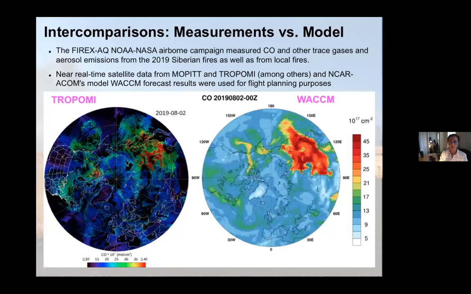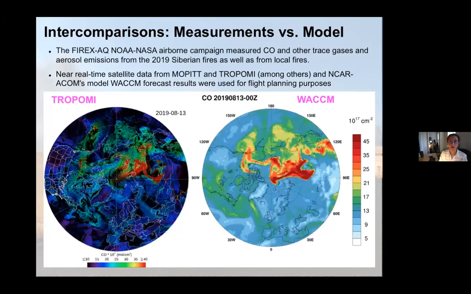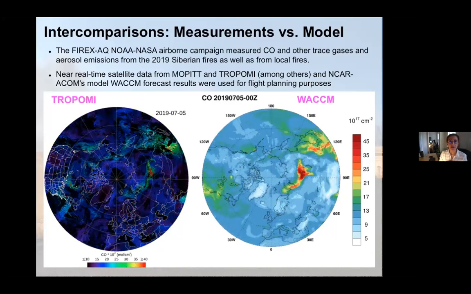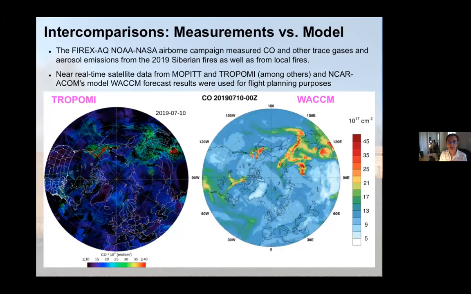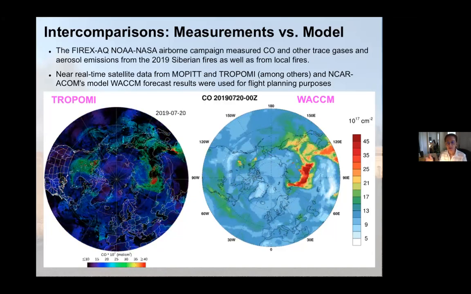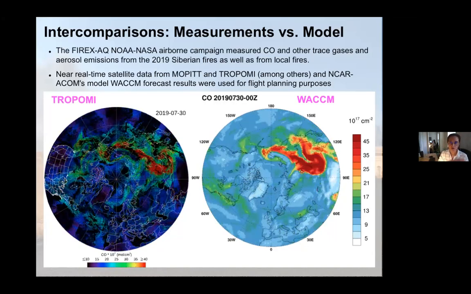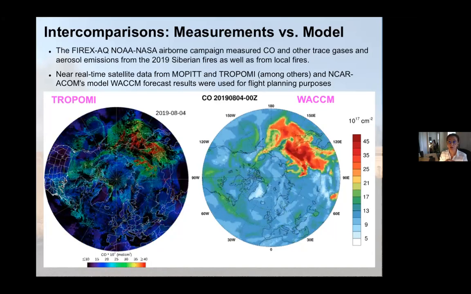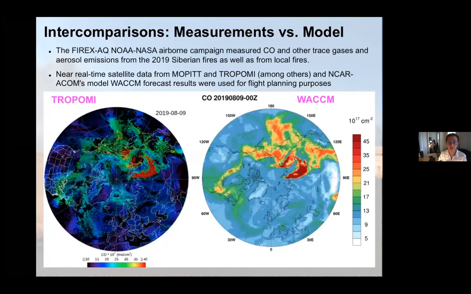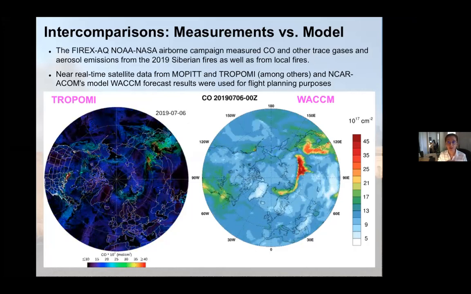While these fires were taking place, there was a campaign, the FIREX-AQ campaign from NOAA and NASA, with a couple of planes chasing local fires in Washington State and Oregon and so on. Once we figured out that this fire was going on in Alaska, they started chasing the plume from that fire.